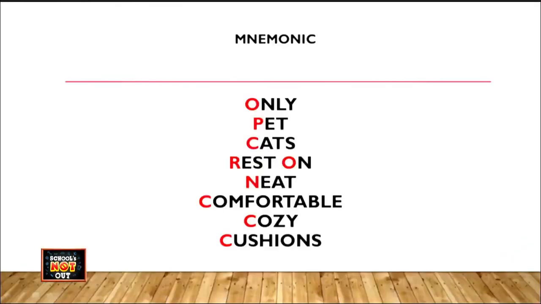Remember, only pet cats rest on neat, comfortable, cozy cushions. We're going to borrow this mnemonic for today too, as we seek to calculate the manufacturer's cost of finished goods sold. What we're going to do though is just a little adjustment, students.